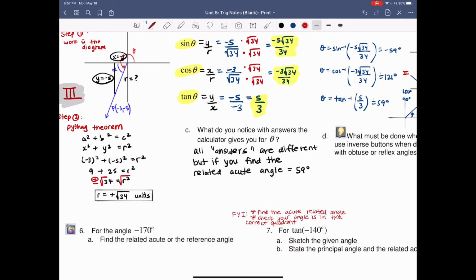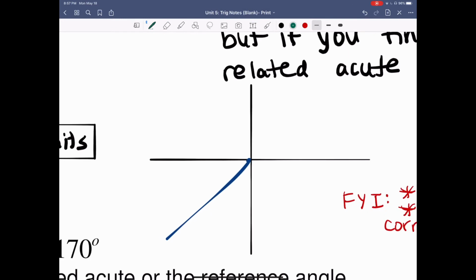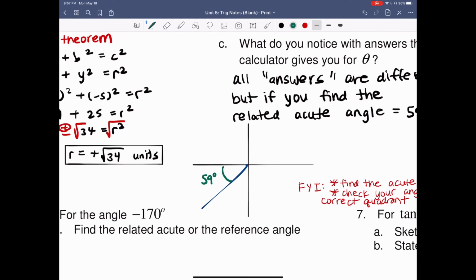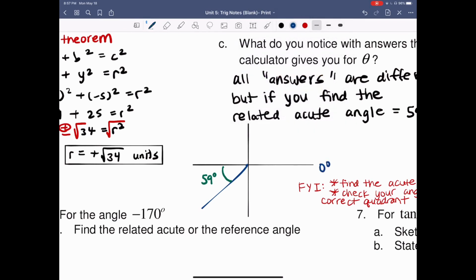So what I mean is this. I'm going to draw the x and y axis, and I'm going to draw my principal angle, which is going to be somewhere over there. And we know that the related acute angle is supposed to be 59 degrees with respect to the x-axis. And if that is the case, and we have 0 degrees, 90, 180, 270 degrees like that.